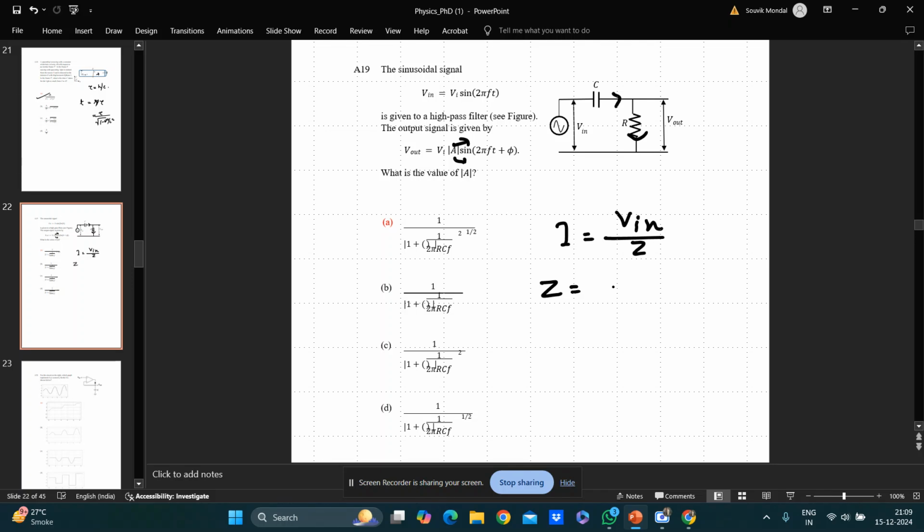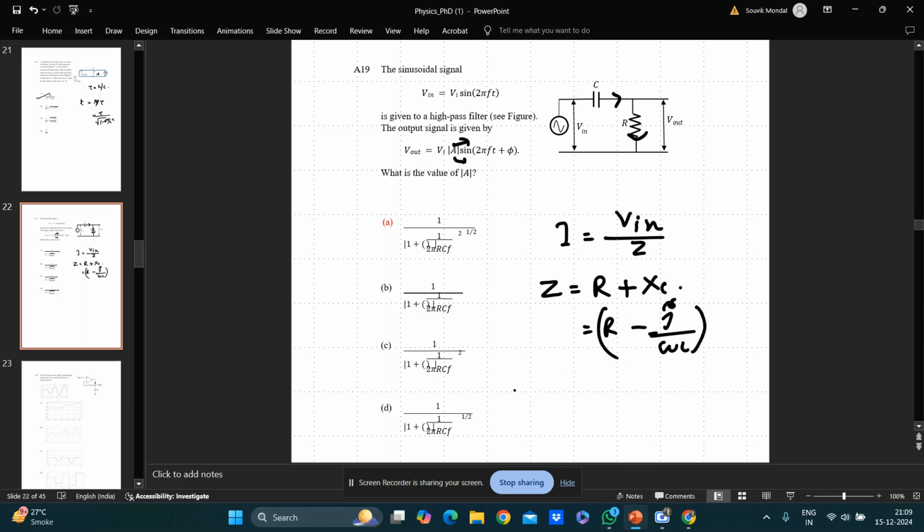Now this is an RC circuit, so z is r plus xc. What is xc? Xc is minus j by omega c, where j is the complex unit, j square is minus 1. So z is r minus j by omega c.